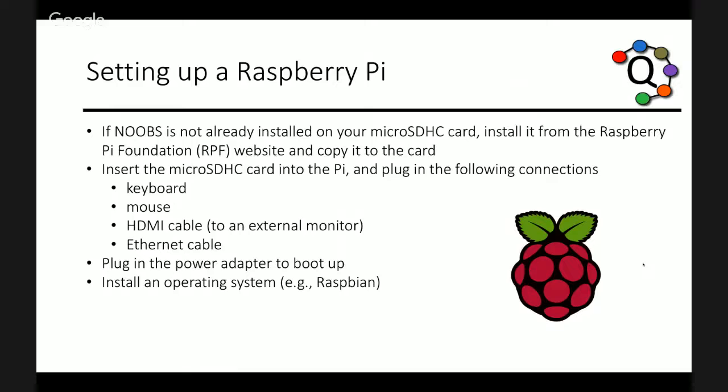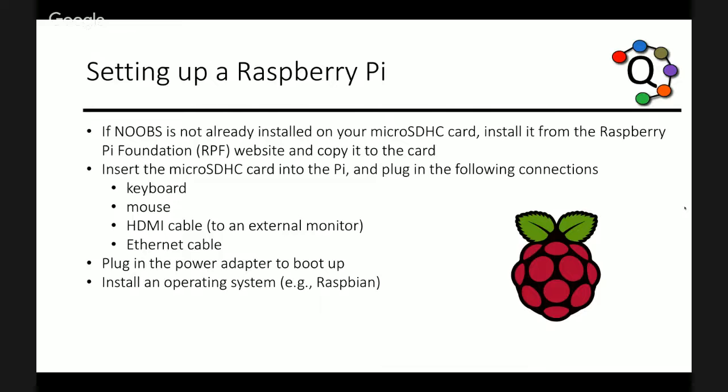Okay, so once you've registered, the next thing to do is set up your Raspberry Pi if you haven't already. The Raspberry Pi Foundation's website has a wealth of information and resources that can be very helpful during the setup process, so I recommend checking that out. First and foremost, you need to install an operating system on your Pi, and the most recommended is Raspbian OS, a Debian distribution.